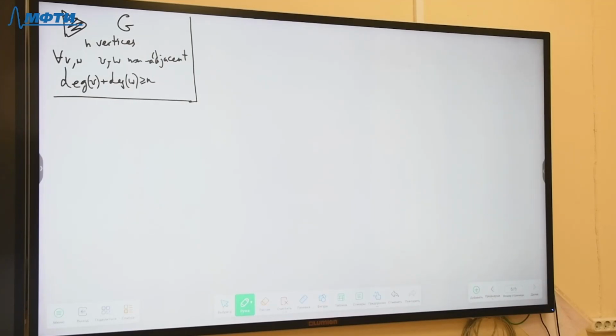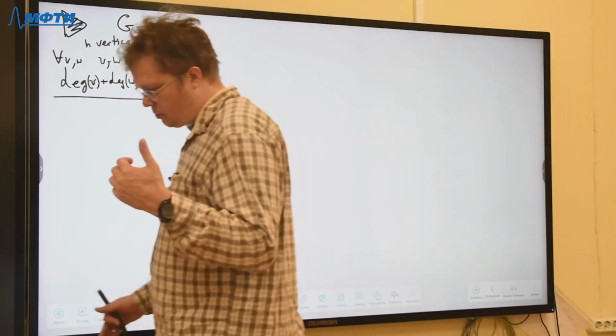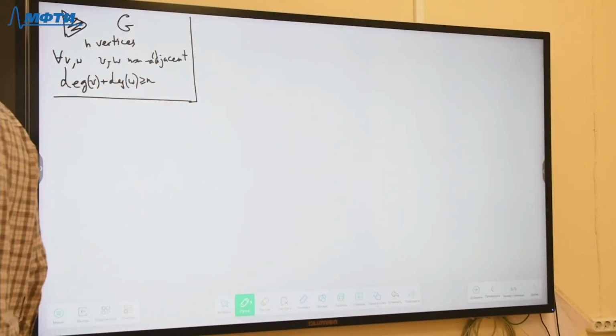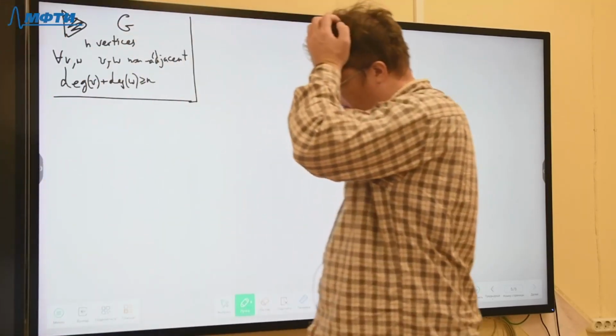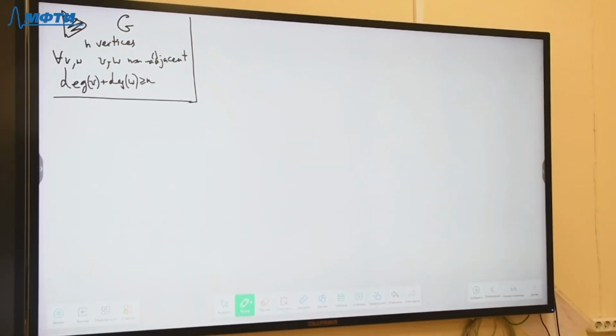We are doing this in two steps. First of all, we need to prove that we can construct a maximal path, and then we prove that it is actually a cycle.